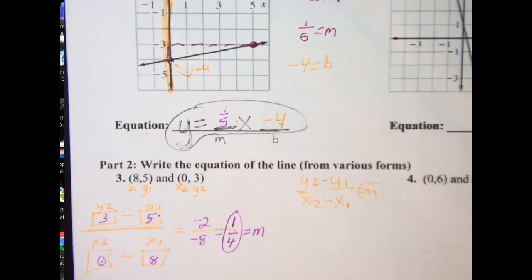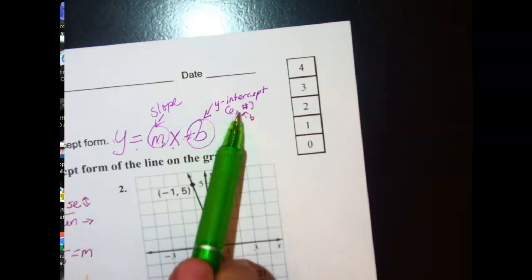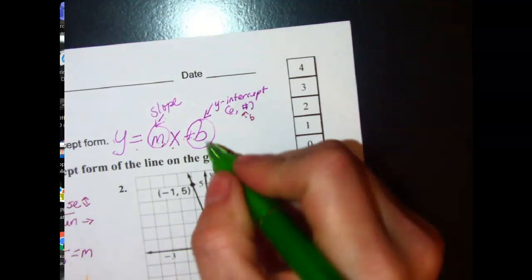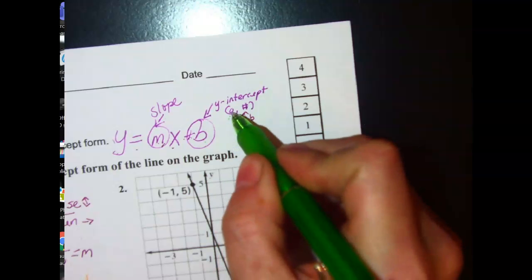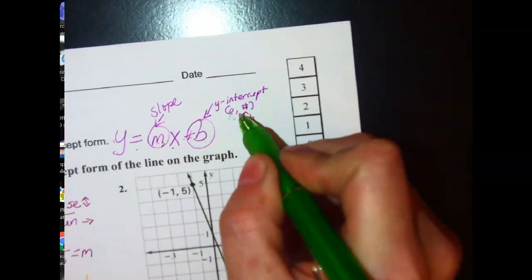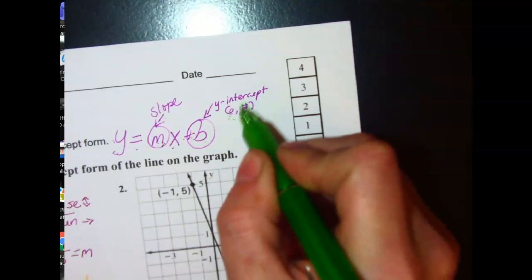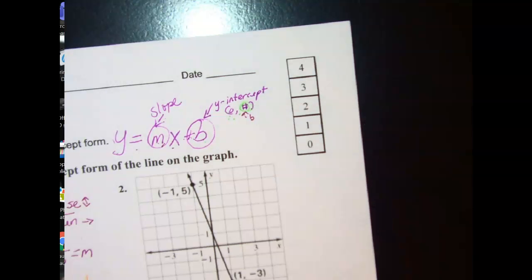Now with ordered pairs, what's nice is the b, remember we talked about that at the top of the quiz, when I had you write this up here, the y-intercept, or the b, it's the same thing, is actually, if you have an ordered pair that starts with a 0 and then comma, whatever number is next to the 0 is your b.